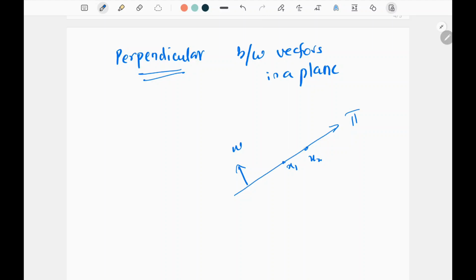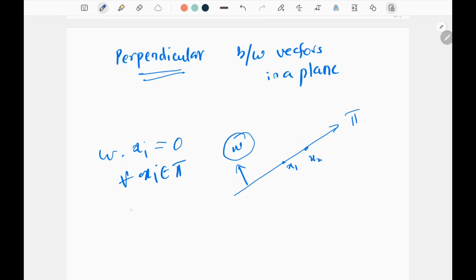Any point lies on the plane, but if your W is perpendicular to the plane, then W dot any point xi is equal to 0 for all xi belonging to the plane.